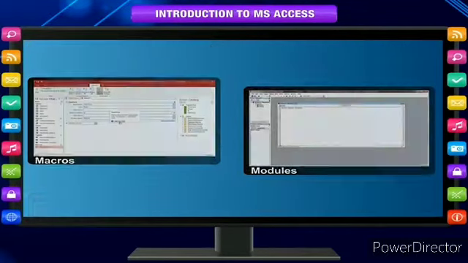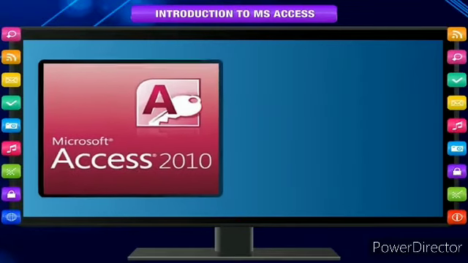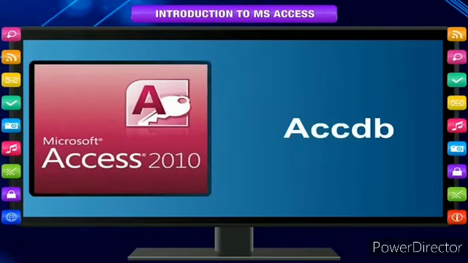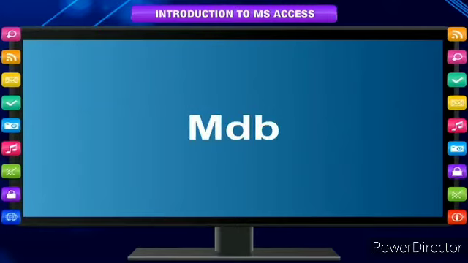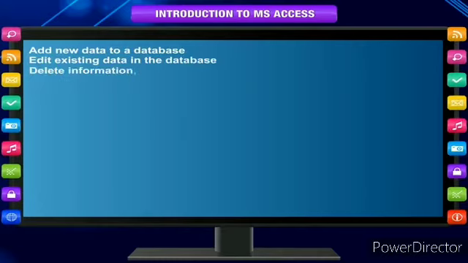Databases created in the Access 2010 format have the file extension .accdb. And databases created in earlier Access formats have the file extension .mdb.